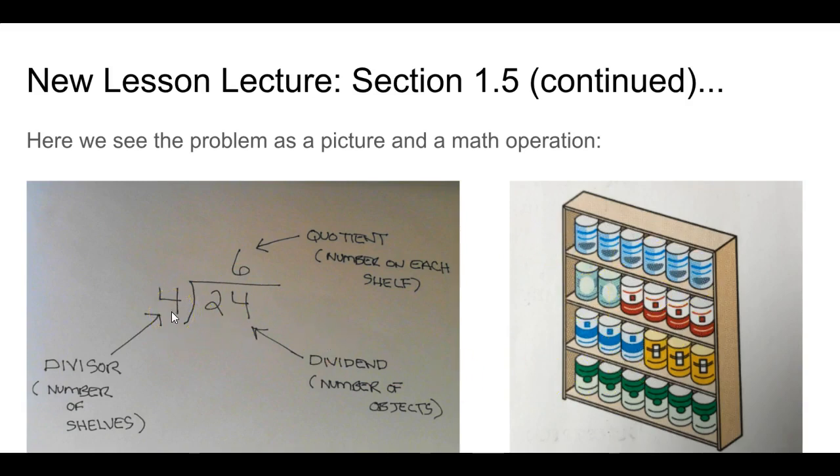That's the number that you're going to divide this 24 into. And when we take the 24 and divide it or separate it by sets of 4, we see that we have 6 cans that go on each shelf.